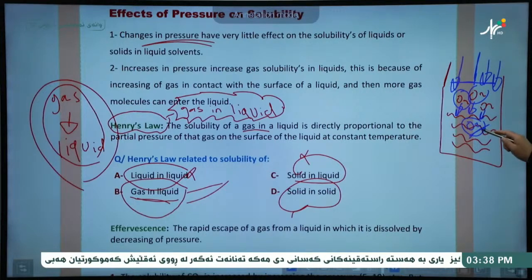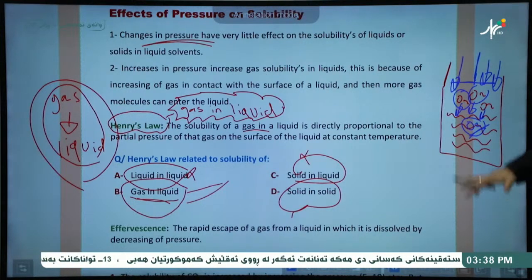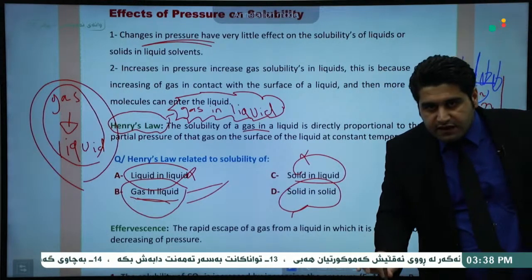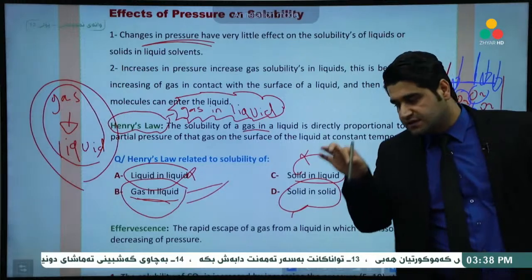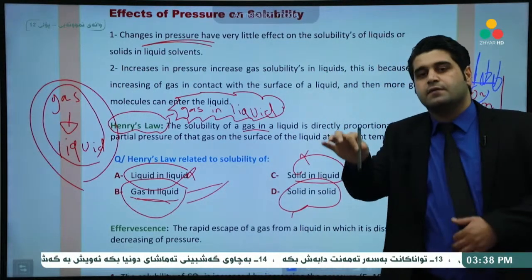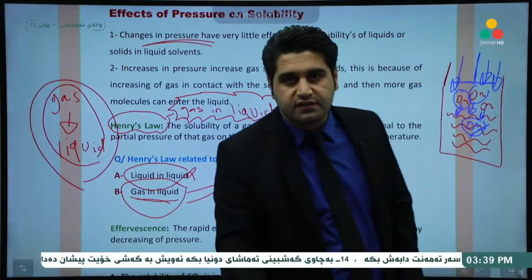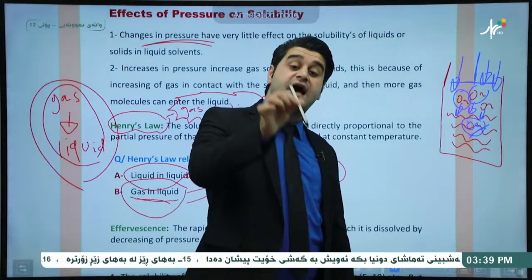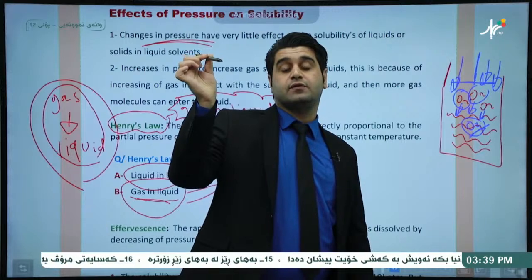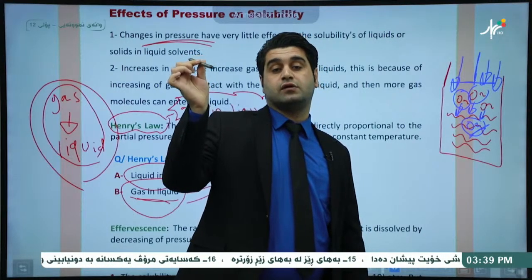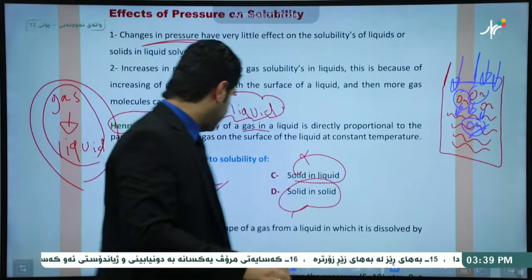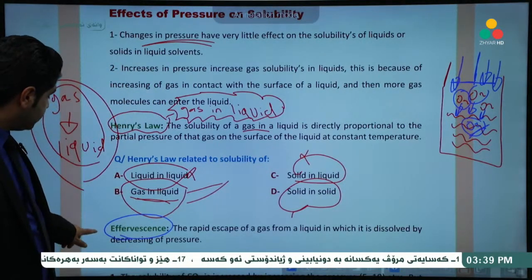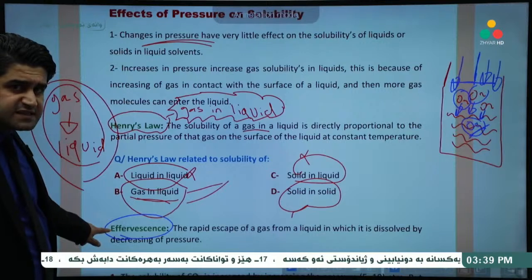Pressing O2 into the liquid, entering gas molecules into the liquid, is called gas dissolution. So what about gas molecules escaping out of the liquid? It's called effervescence. Effervescence is the reverse process of gas dissolution.